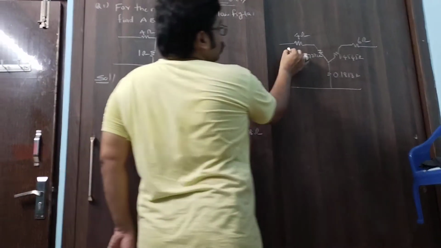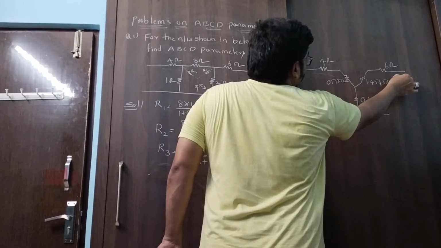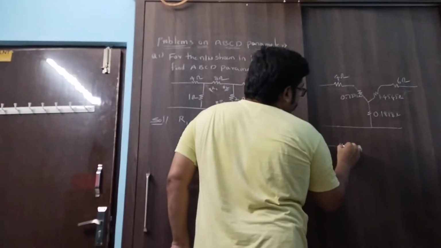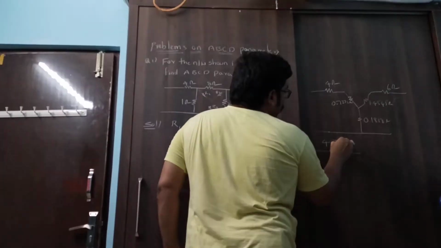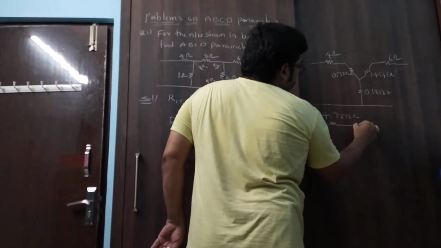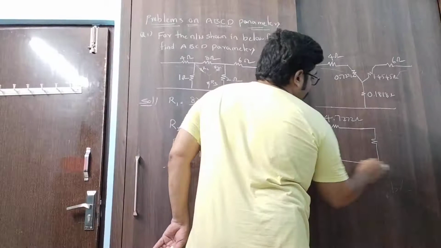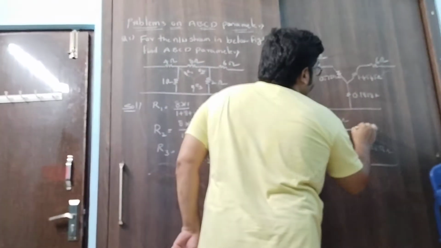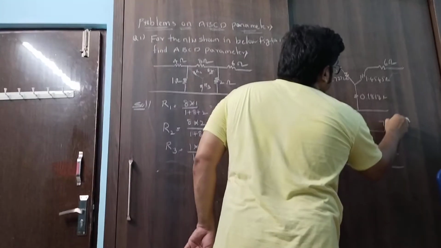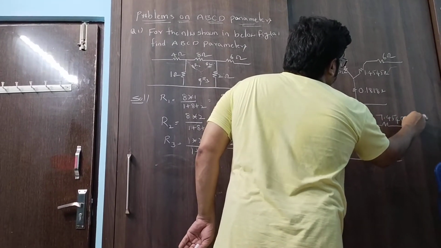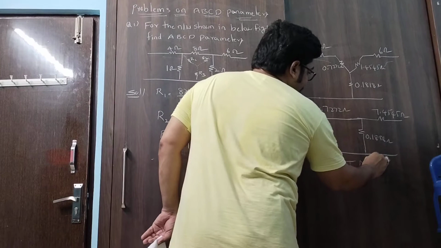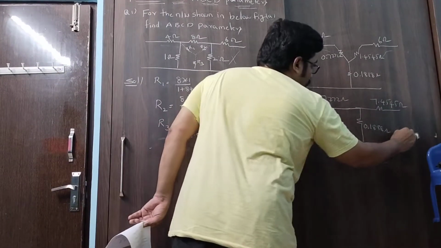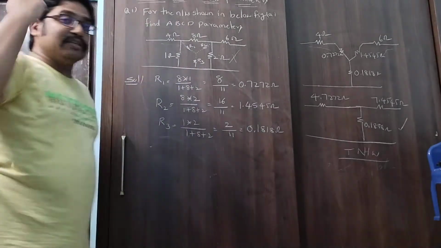Now these two resistors are in series and these two resistors are in series. So 4 plus R1, you are going to get 4.7272 ohms. Then we have 0.1818 ohms. Then we have 7.4545 ohms. So this is your T network. Now forget about the earlier network and use this network to find the ABCD parameters.